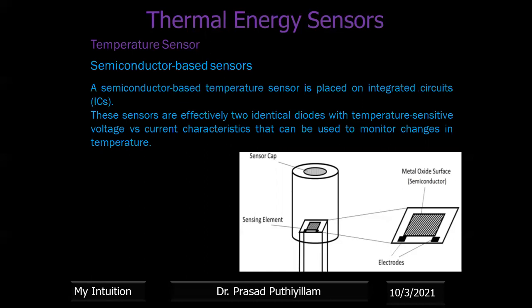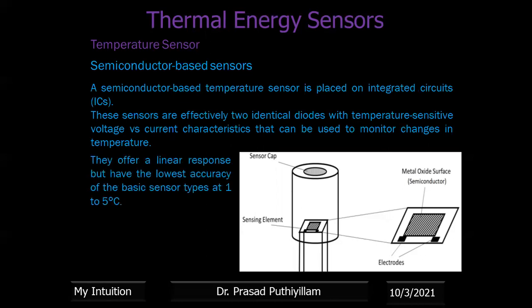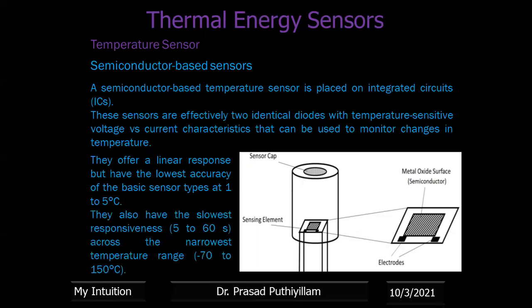Therefore, the semiconductor based sensor is a type of temperature sensor. They offer a linear response, with accuracy of 1 to 5 degrees Celsius, and they have the slowest response, 5 to 60 seconds.